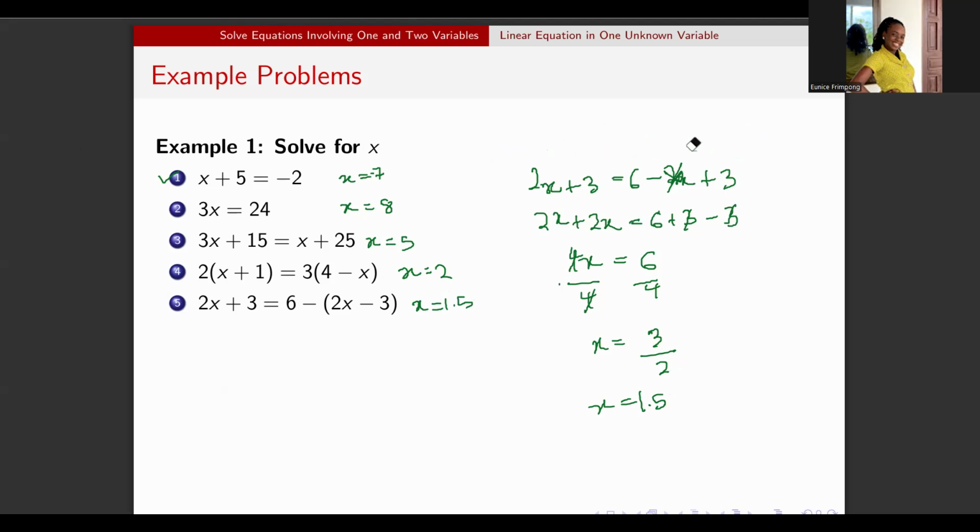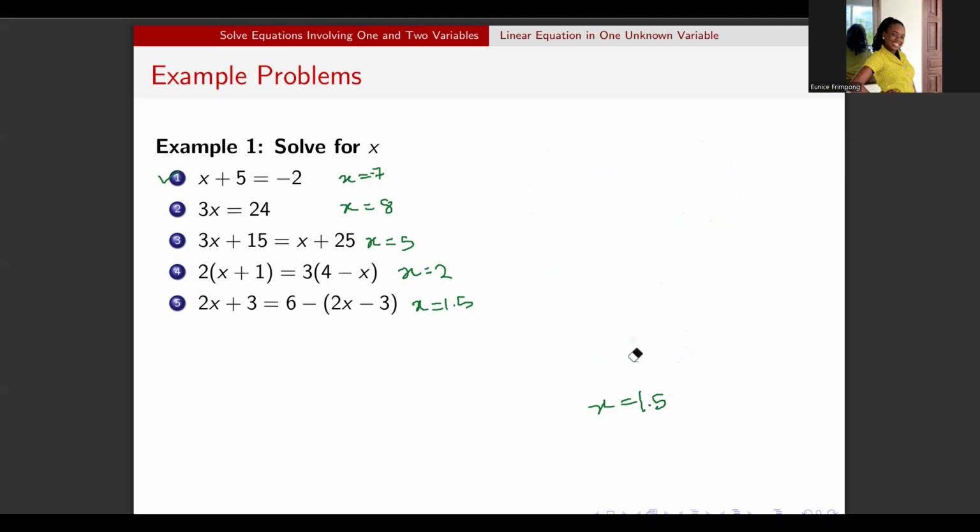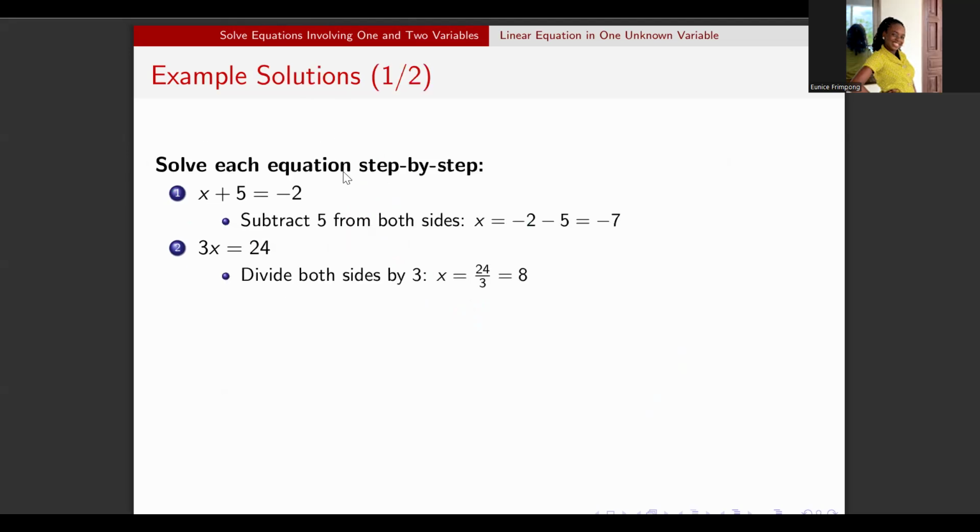So these are the results of finding the value of x for each of these algebraic expressions. Okay. This is showing the process that I've gone through with all the examples that I have looked at.